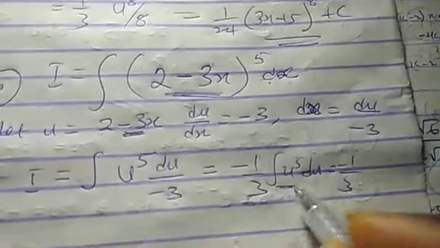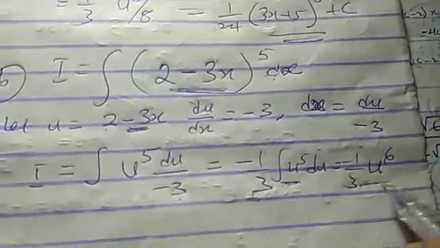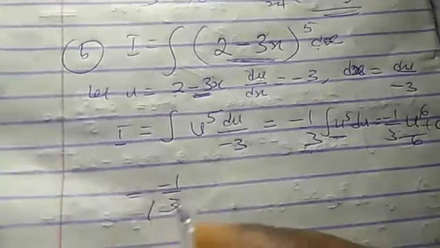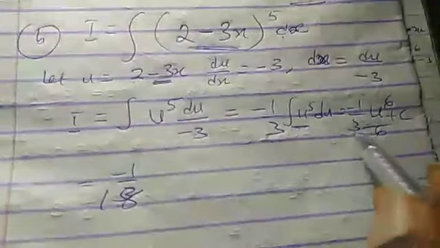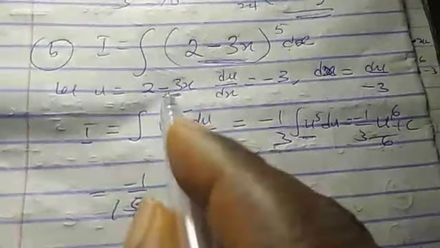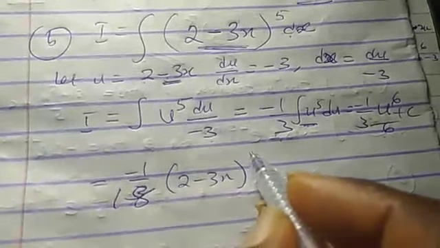Now, if I integrate u raised to power 5, I will have u raised to power 6 over 6 plus c. But we have known our u. 3 times 6 is 18. Then our u is this. So it will be 2 minus 3x raised to power 6 plus c. So that's our answer.